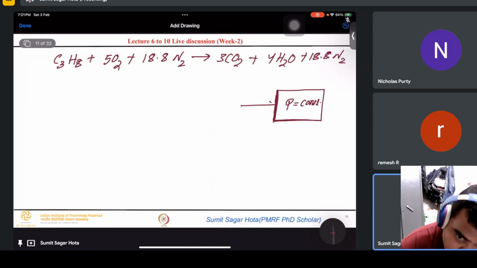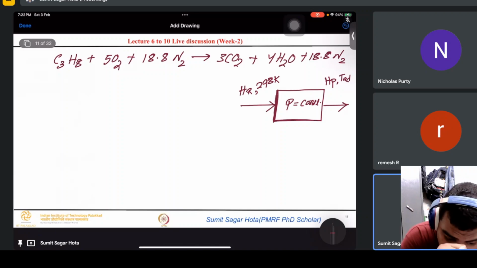The enthalpy of reactants is at 298 Kelvin. This is your enthalpy of the product. Always remember, the product is at the adiabatic flame temperature, and the reactants' enthalpy is at the initial temperature.